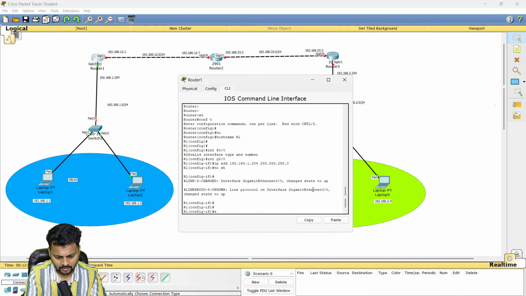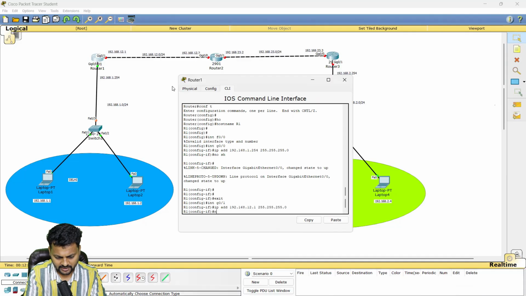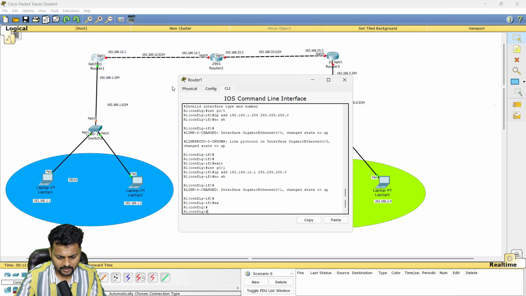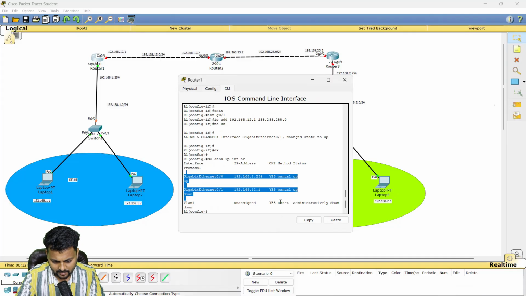Then we have interface 0/1, which is the 12.1/24 IP address, no shutdown. Right, both my interfaces are up. If you want to verify it, you can use the do command in global configuration mode, show ip interface brief. All good, so we have IP configured.